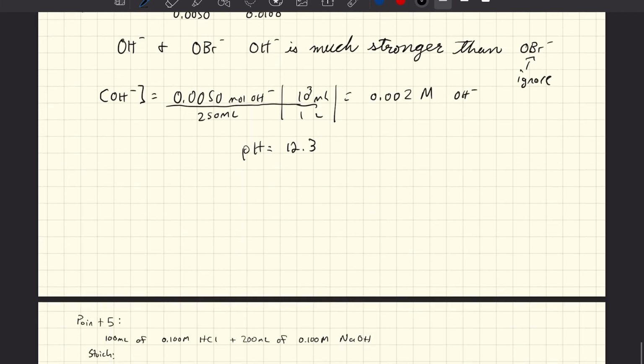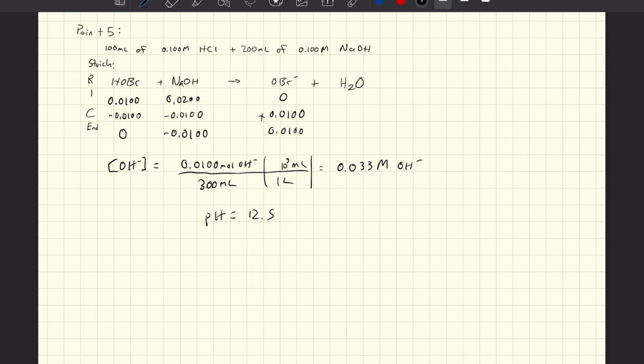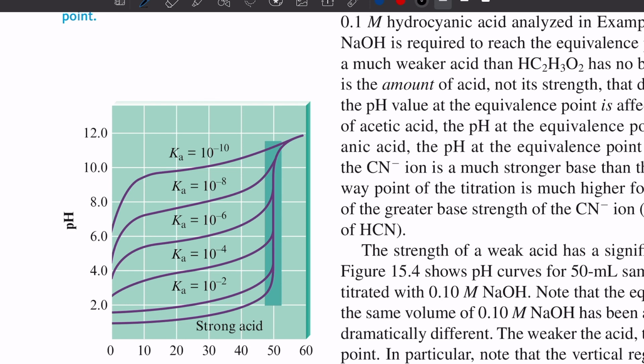So when you do a strong acid, strong base titration, right, you might get something like this. Okay, when you do a weak acid, weak base solution, it actually looks like this. Okay, and the textbook that we're using here has a really good image of a bunch of different pHs.